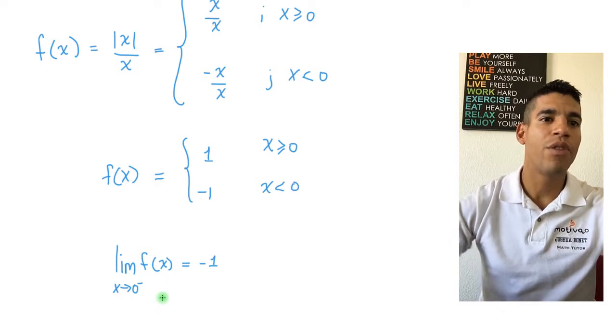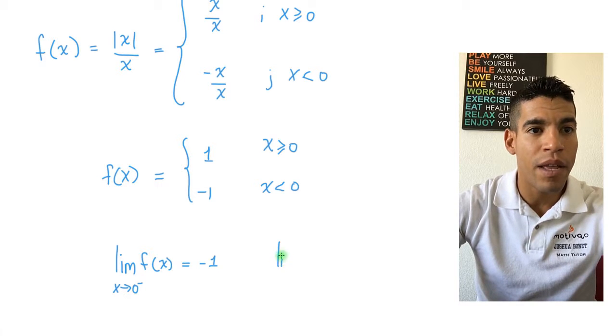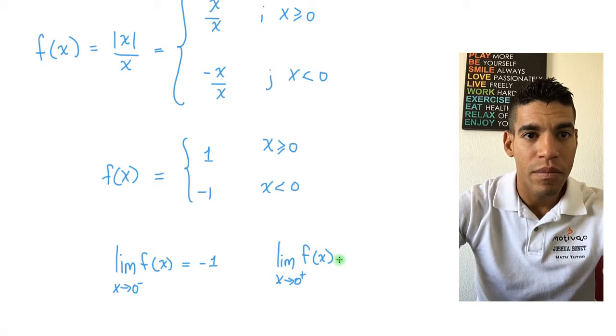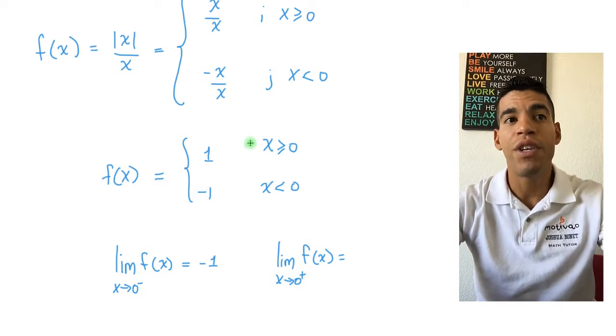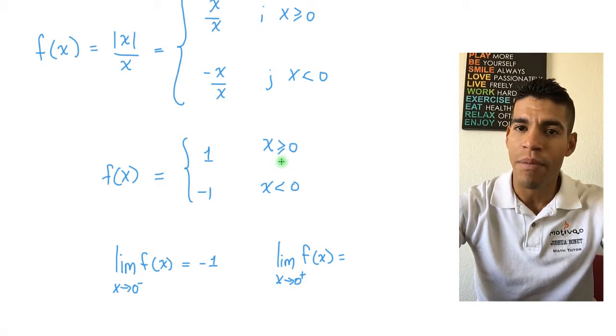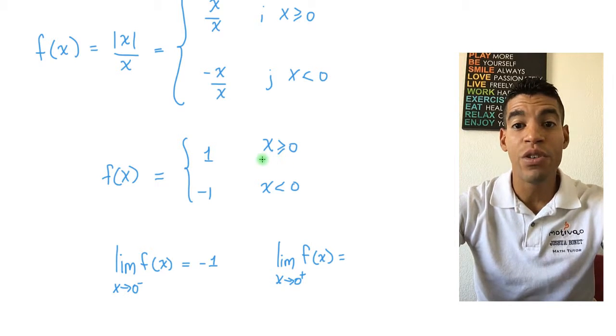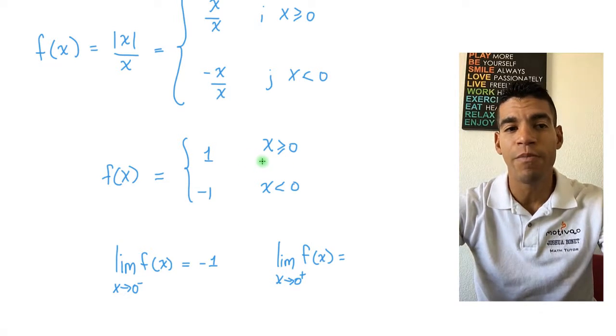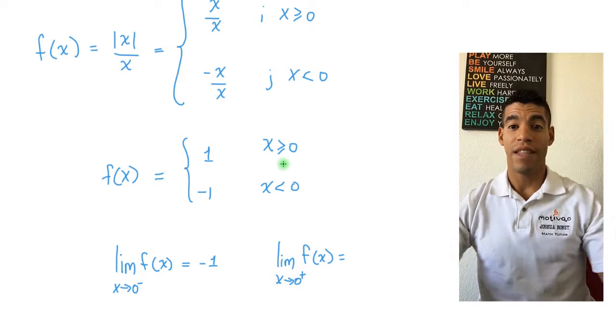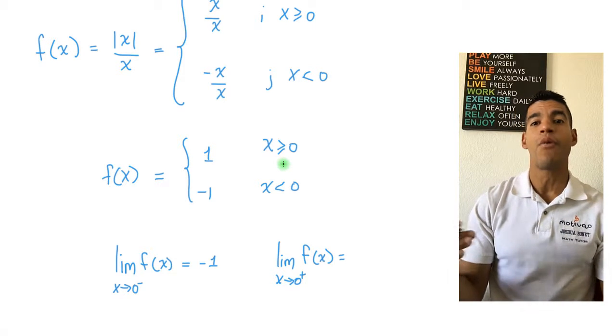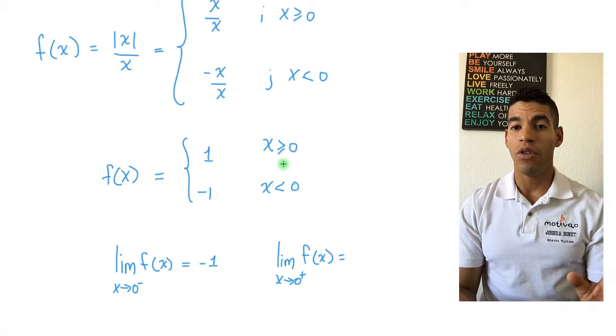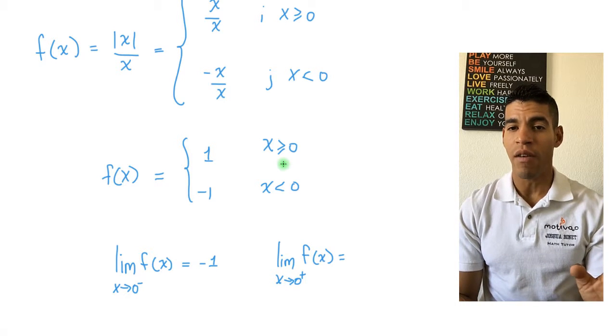Now, if we do the same thing, the limit when x approaches 0 from the right of f of x, again, which of the two does that represent? Well, we have to choose x greater than or equal to 0. That means that I'm approaching 0 from the right, okay? Now, don't get confused with the equality on 0.